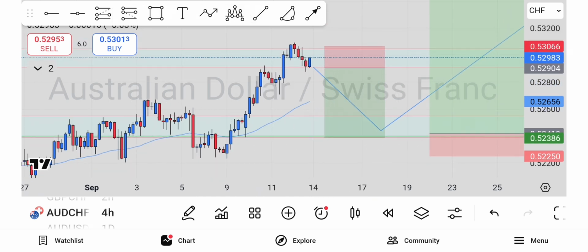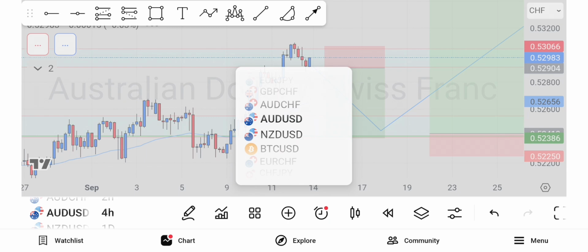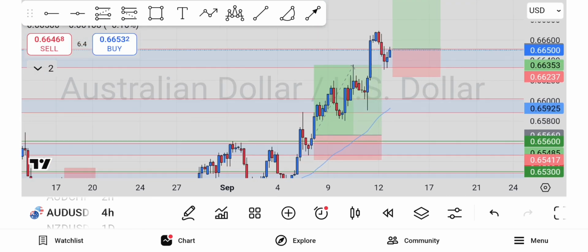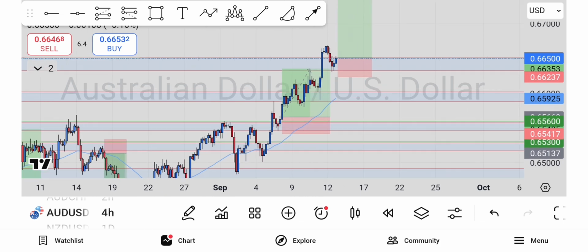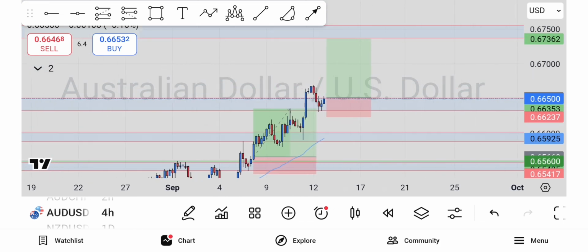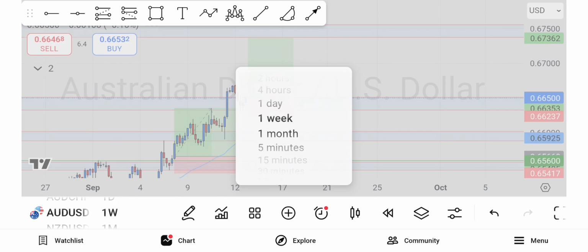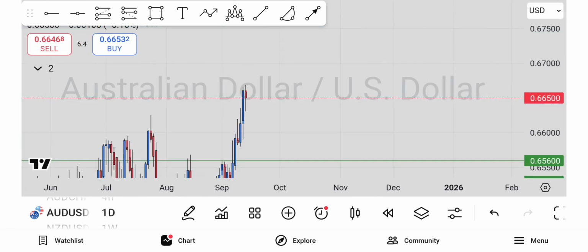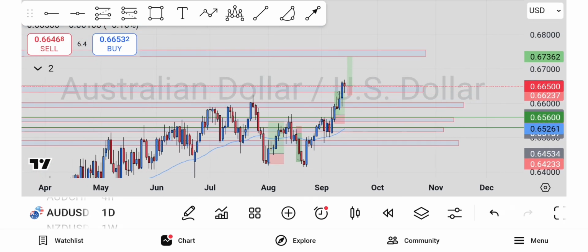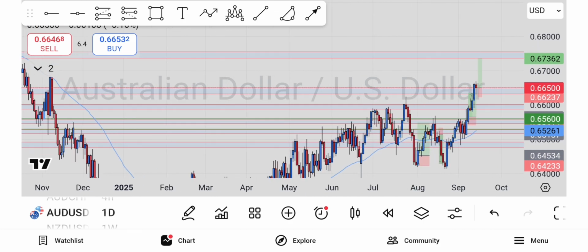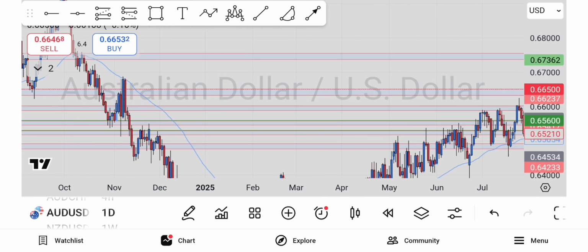Around that point. So also AUD USD, we were on the trade last week, and I think this was our TP for last week. So I'll be expecting the market to continue to the upside, because on the daily we broke a new resistance.